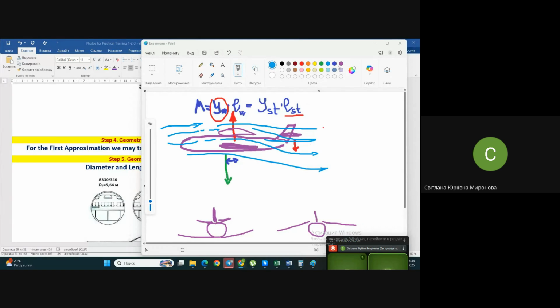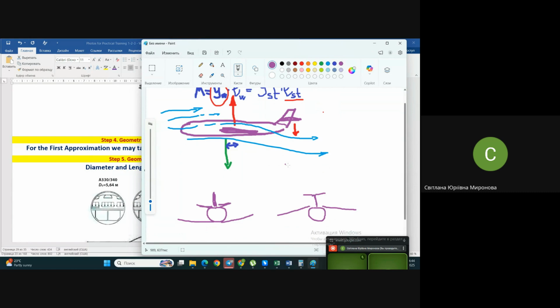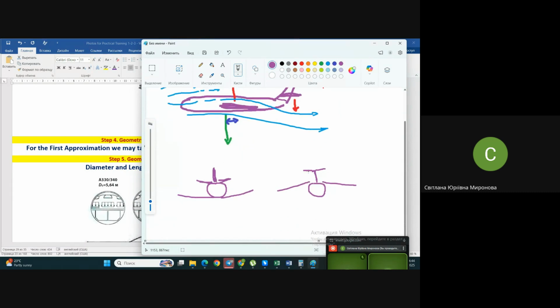There are variants in this case. Either you have a T-shaped stabilizer, which is much higher than the wing, or if the airplane is long enough, not a little one, not a short one, if it has a long fuselage and a high wing scheme, in this case, you may place the stabilizer not as a T stabilizer, but somewhere in this area.